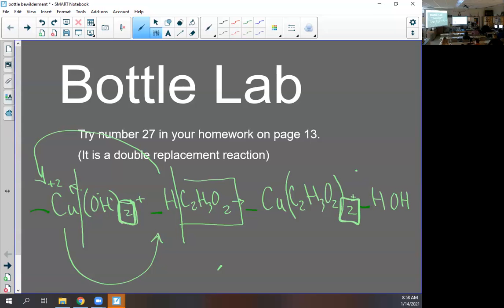If I have 2 H's, I know I for sure need a 2 here. That makes 2 H's, so I must need a 2 here. That makes 2 acetates, and I have 2 acetates, so it's done. So 1, 2, 1, 1. All right. Tricky, I'm aware of that, but doable.